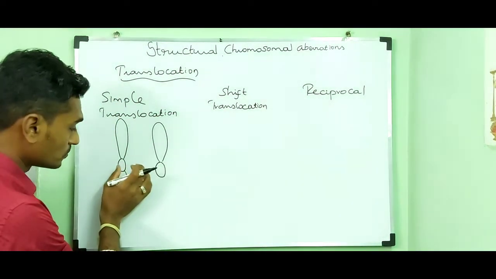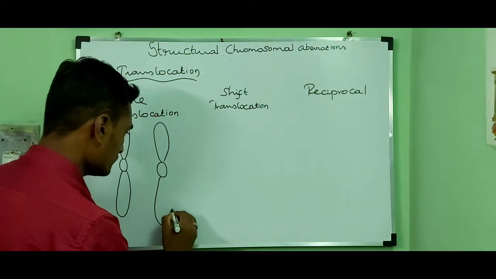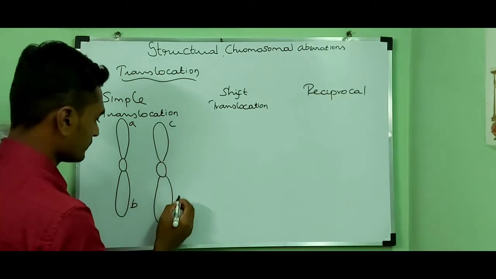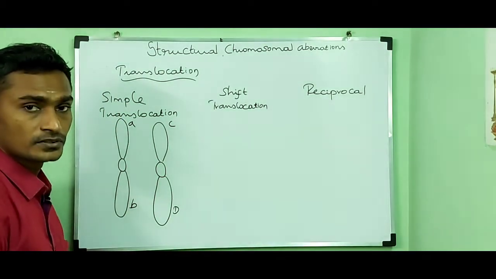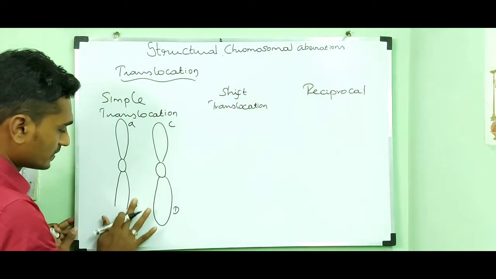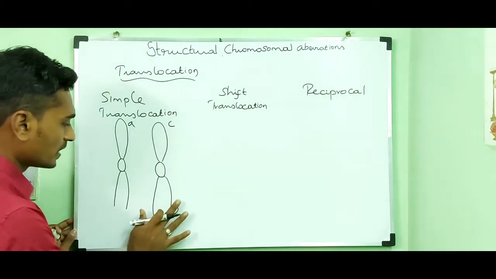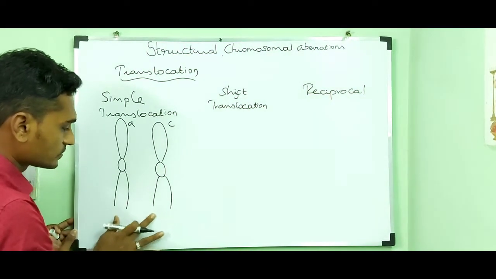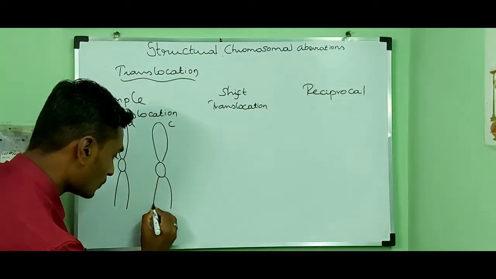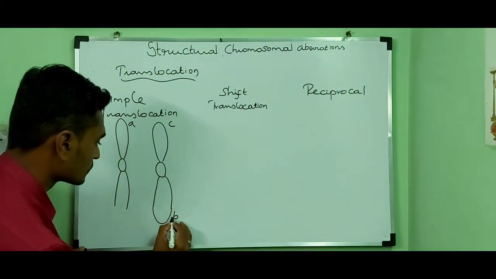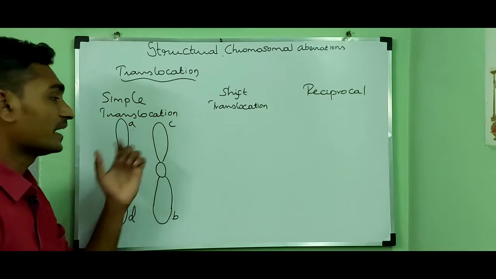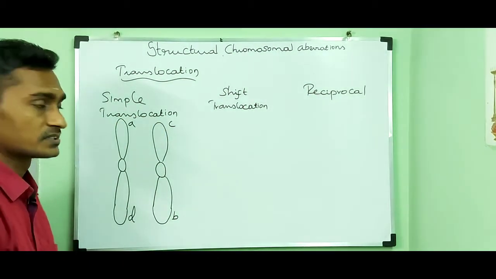This chromosome is non-homologous to that chromosome. Here it contains A, here it contains B, C, and D. The segment is broken in this chromosome and attached to one end of the non-homologous chromosome, and that process is called simple translocation.